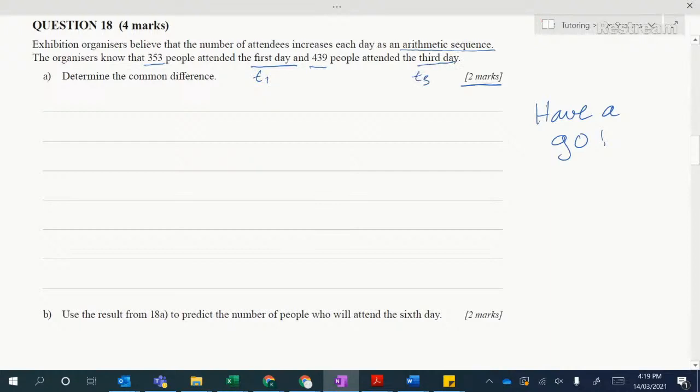So that's the first bit of information I would write down. I would write T1 equals 353 and T3 equals 439. Okay. And then what I would do is I would substitute this into the general rule, the one that is on your formula sheet. Goes like this.